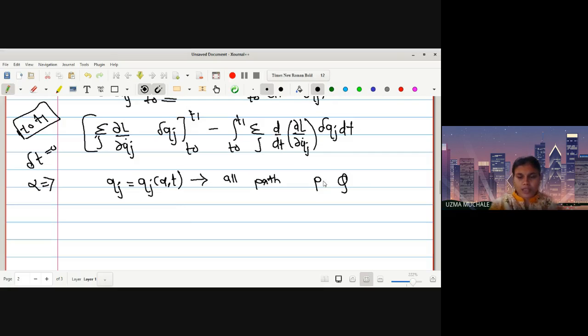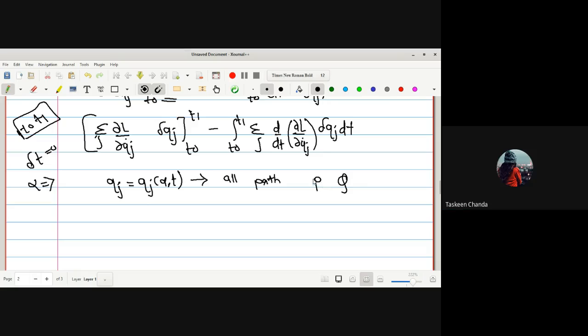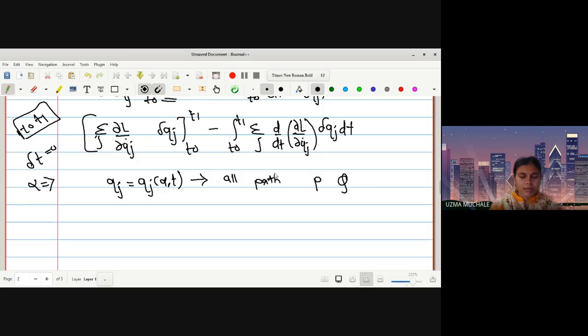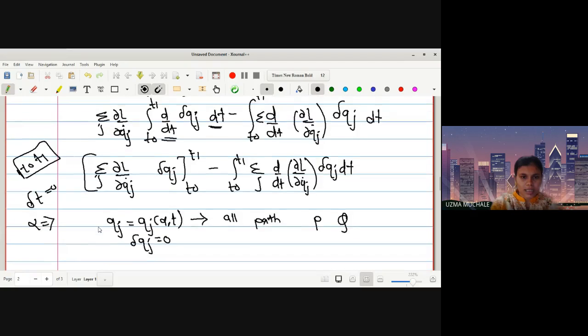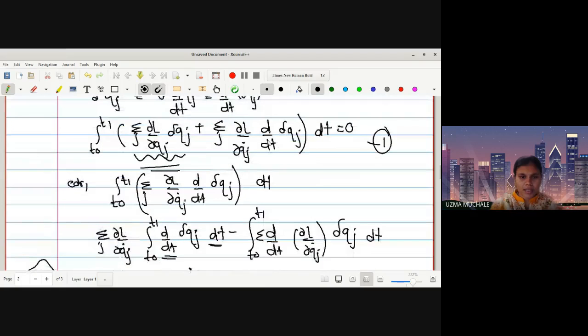We have fixed the positions P and Q. Since all the paths start from point P and end at point Q, there is no variation at the endpoints. So we can say that delta Qj is equal to 0. So what do we get as the value of the second term? We are evaluating the second term now.